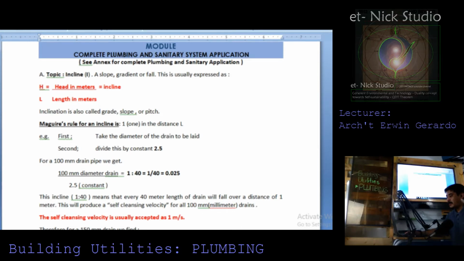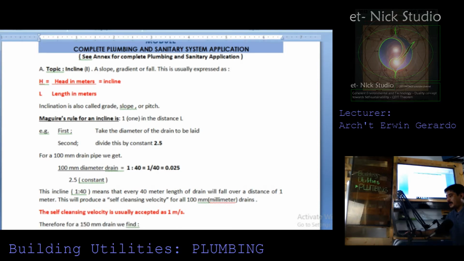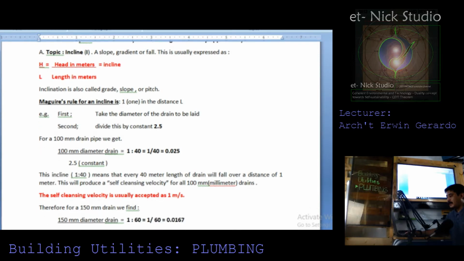It is also equivalent to 1 divided by 40. All you need to do is just divide 1 by 40. The ratio is 0.025.